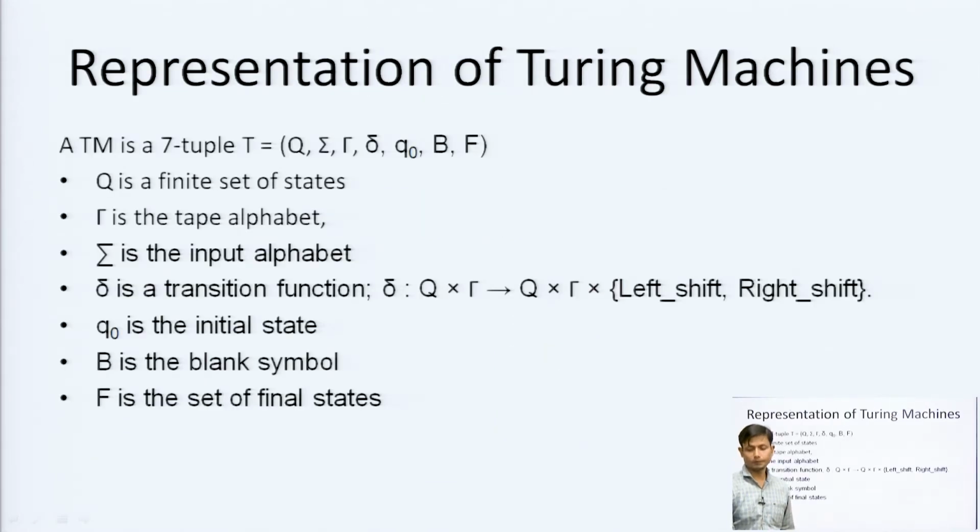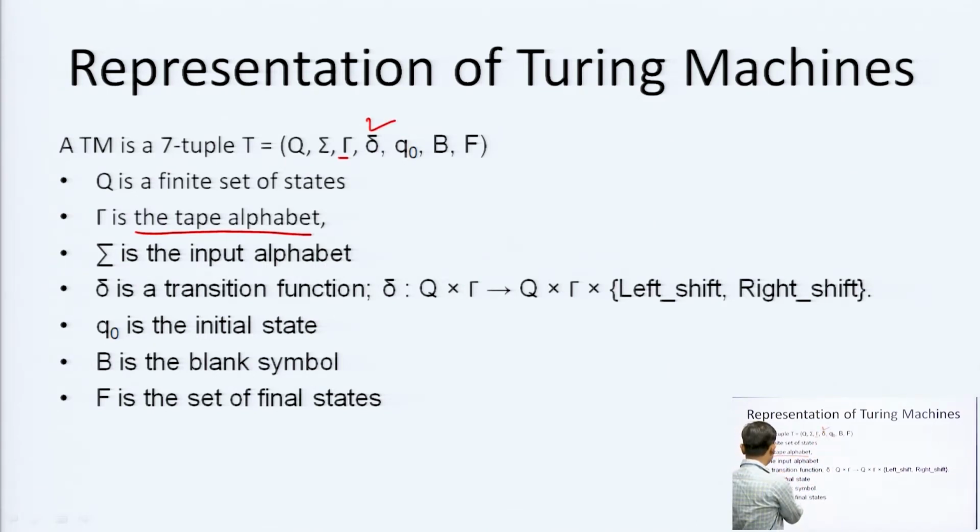So, now the representation of the Turing machine. Here the Turing machine has 7 tuples. You have capital Q, the input alphabet sigma, and tau, which is the tape alphabet, and delta is the transition function.